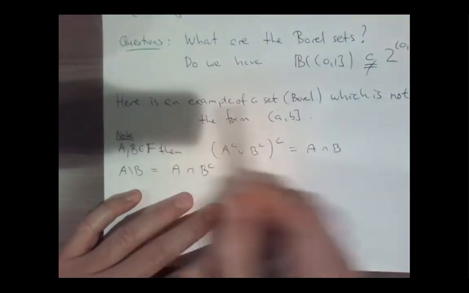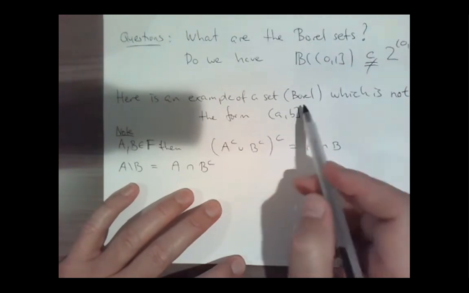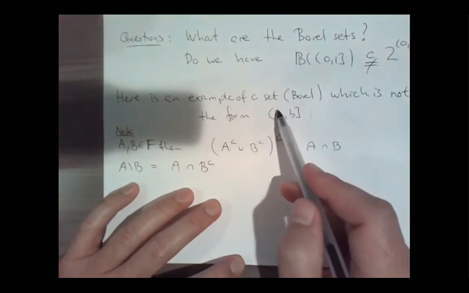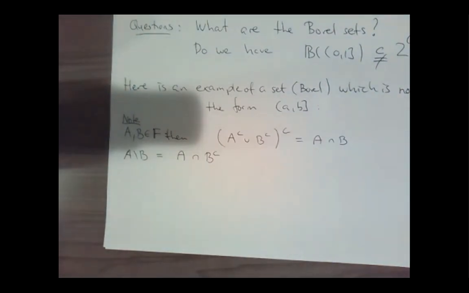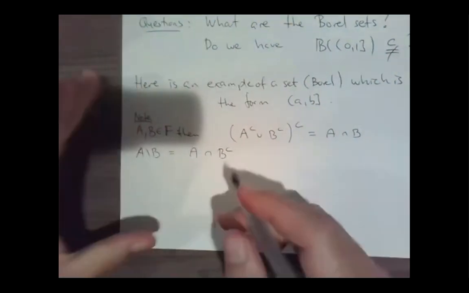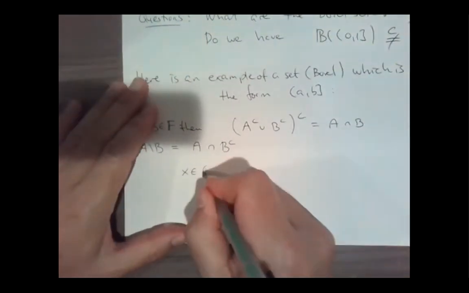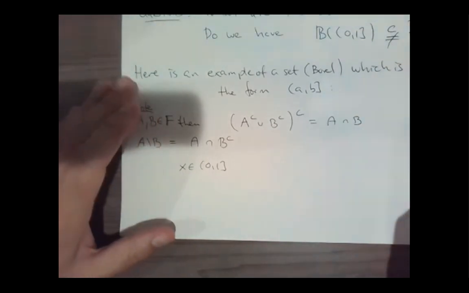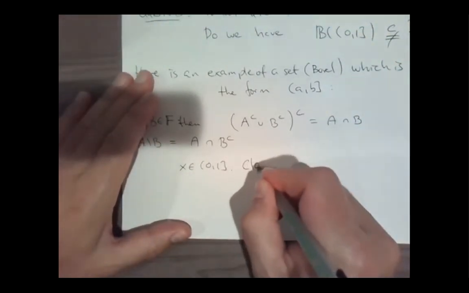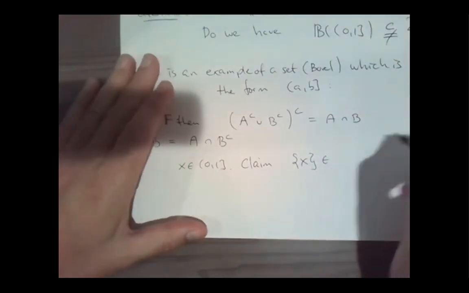So I want to give an example of a Borel set which doesn't have this form. You guarantee that all these sets, by definition, are Borel sets, but there are many other sets inside the Borel sigma algebra. So here's an example. If I take a point x, some point between 0 and 1, then we claim that that particular point is also a Borel set.